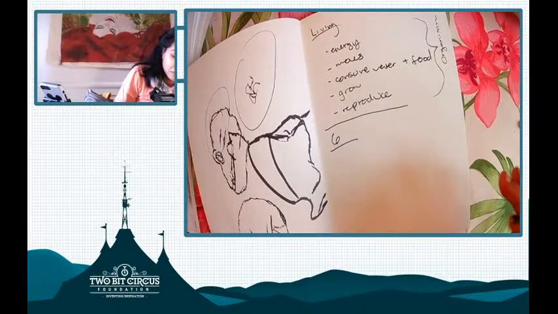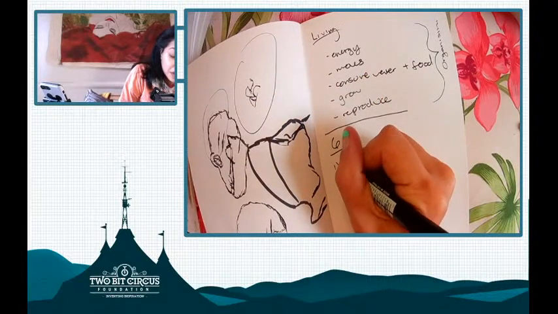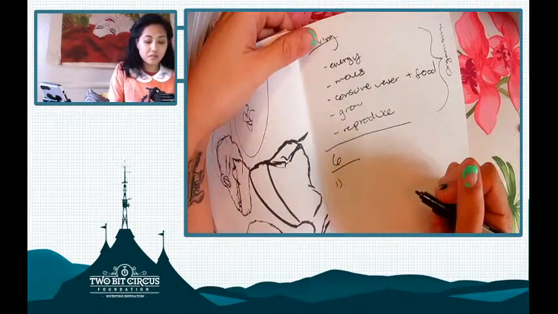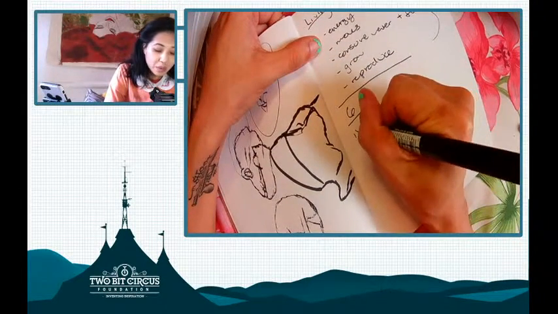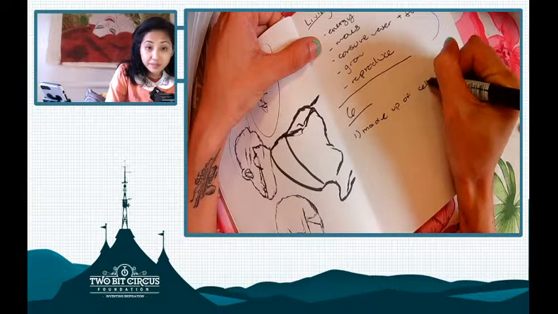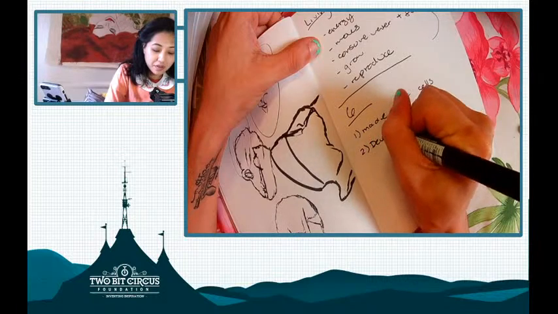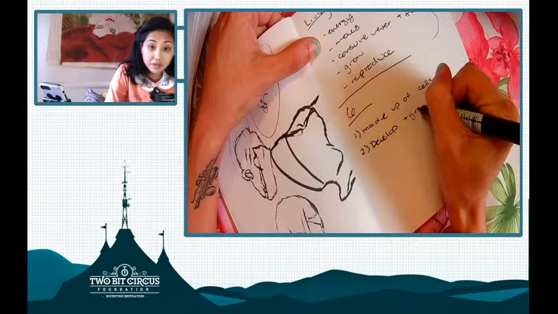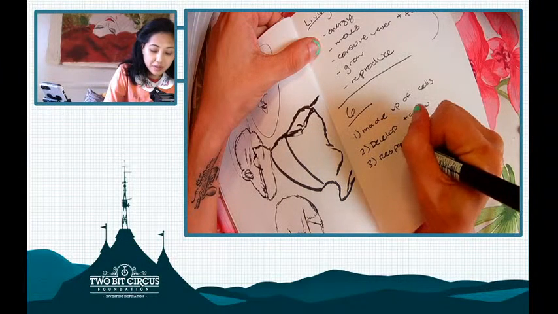Okay, so number 1, for an object to be living, it has to be made up of cells. Number 2, it has to have the ability to develop and grow. Number 3, it has to be able to respond to its environment.